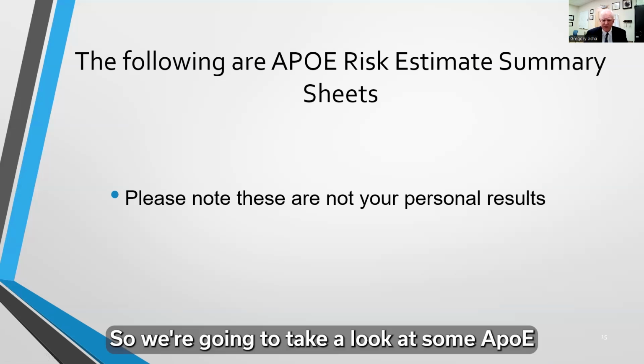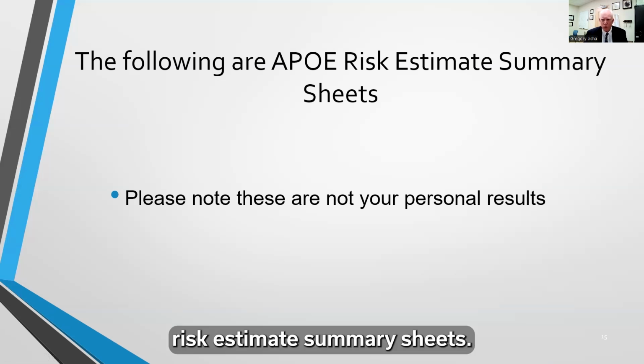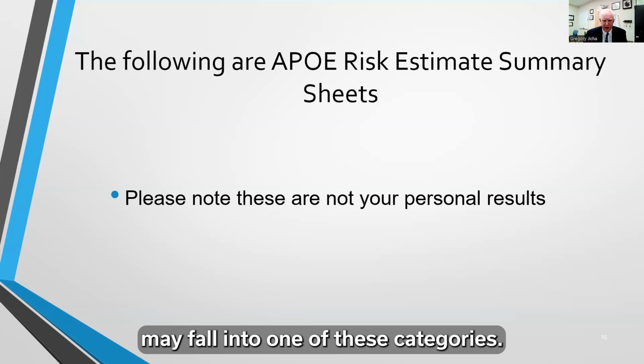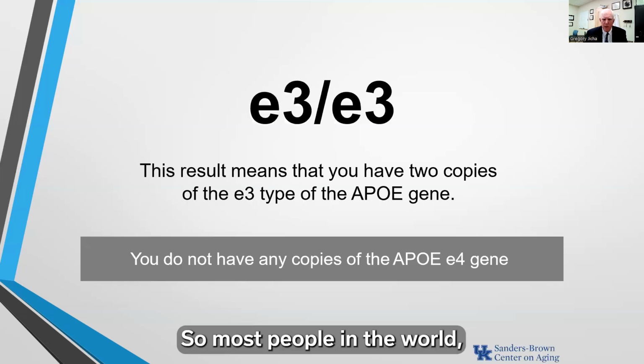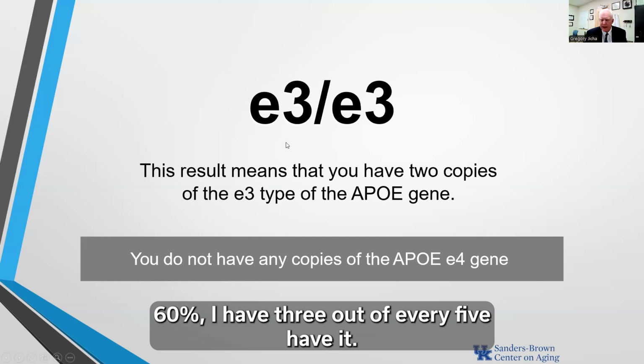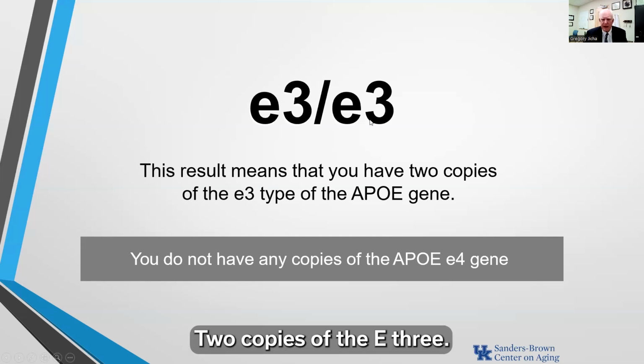So, we're going to take a look at some ApoE risk estimate summary sheets. These are not your personal results, but your results may fall into one of these categories. So most people in the world, about 60%, three out of every five, have two copies of the E3.